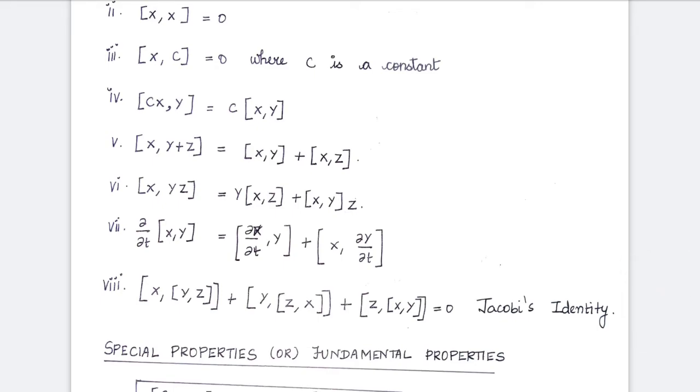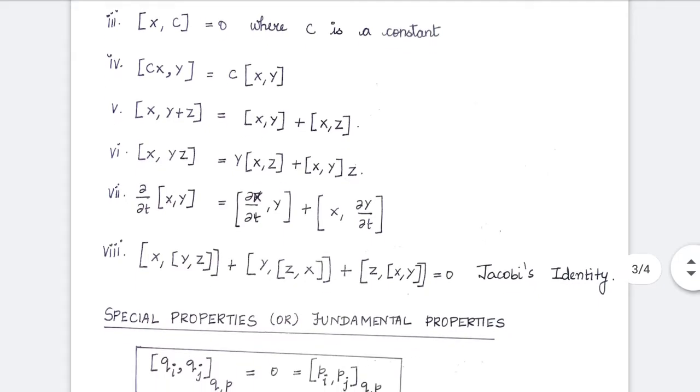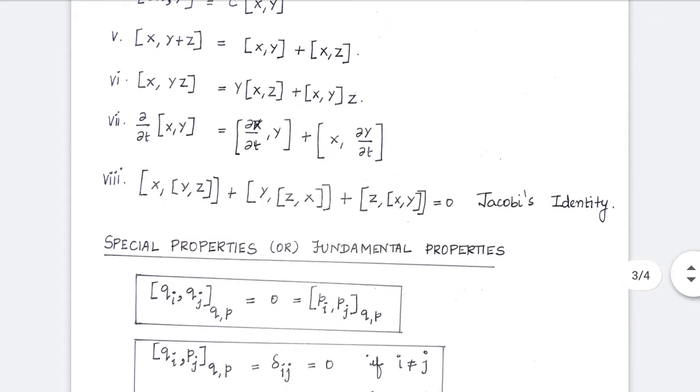The Poisson's bracket of x comma yz will give you y into the Poisson's bracket of x comma z plus the Poisson's bracket of x comma y into z. And dou by dou t of the Poisson's bracket of x comma y will give you the Poisson's bracket of dou x by dou t comma y plus the Poisson's bracket of x with dou y by dou t.